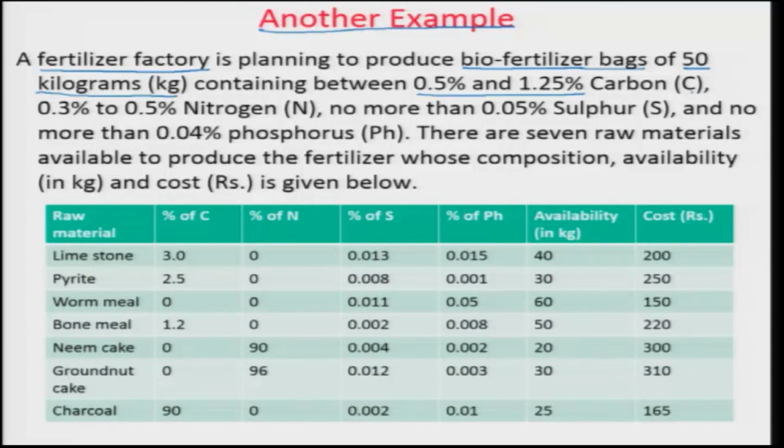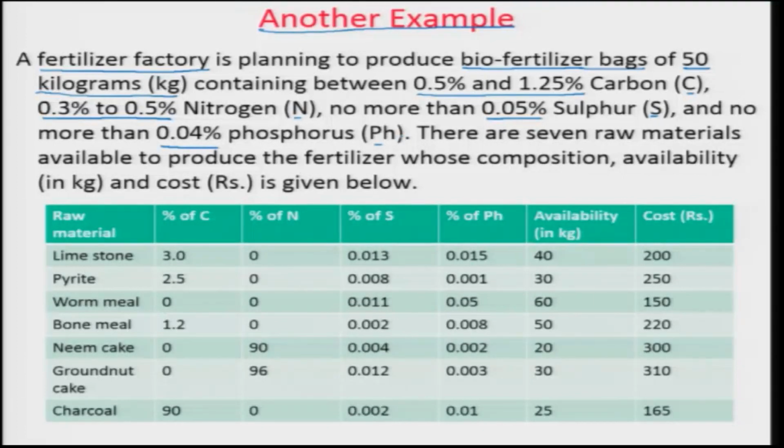Carbon is denoted by the letter C, and 0.3% to 0.5% nitrogen. Nitrogen is denoted by letter N, and no more than 0.05% sulfur, and sulfur is denoted by letter S, and no more than 0.04% phosphorus. Phosphorus is denoted by letter PH.